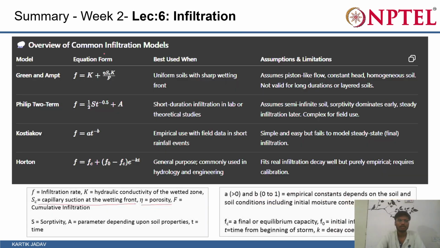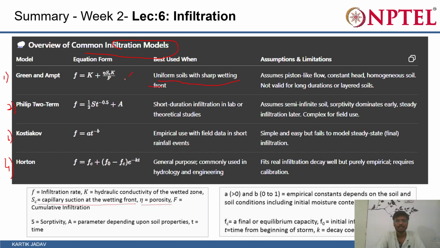Next, we have also discussed various kinds of infiltration models. In general, the four most commonly used infiltration models are Green and Ampt, Philip two-term, third is Kostiakov, and fourth one is Horton. So the first model, the Green and Ampt model, is best used in a uniform soil with a sharp wetting front.